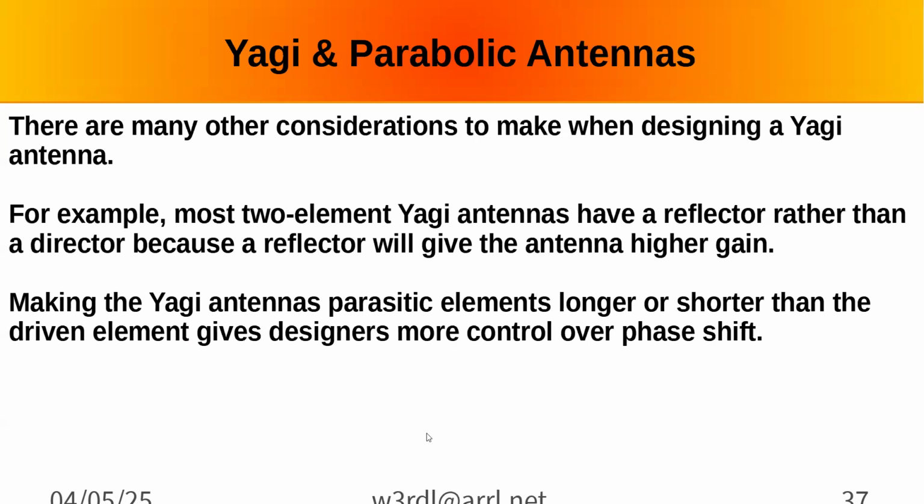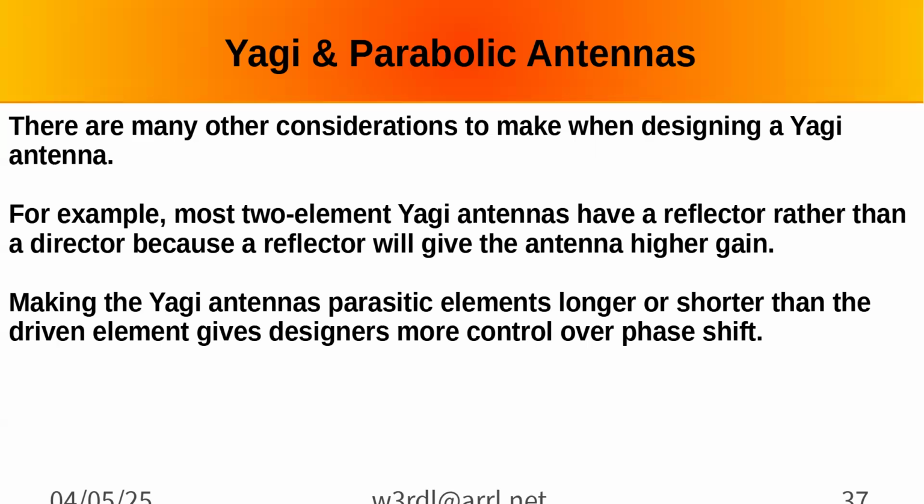And one of the reasons that you have a longer reflector and shorter directors is to control the phase shift of the reflections on all of these. So basically the way it works is the driven element radiates like a half-wave dipole, broadside.